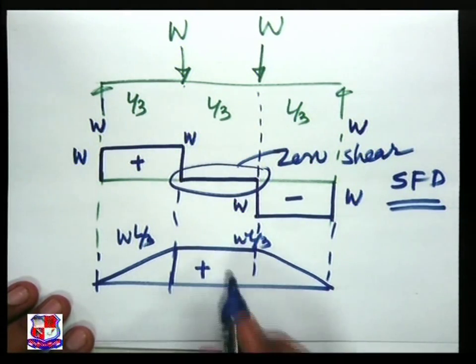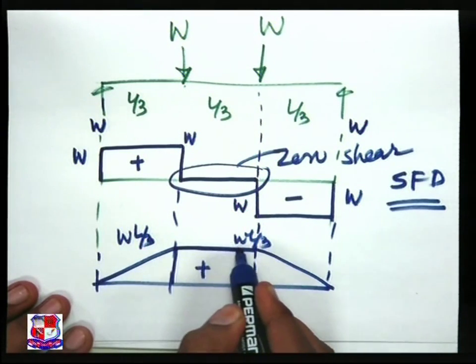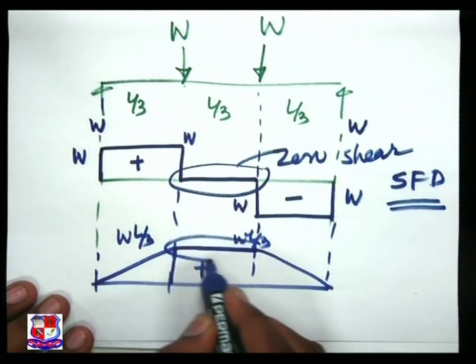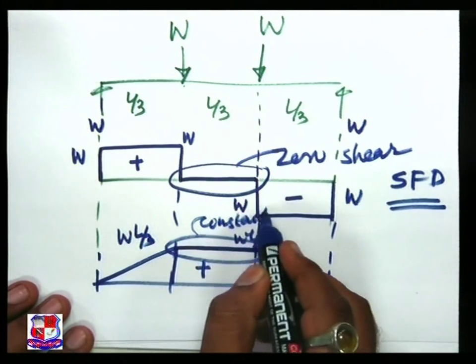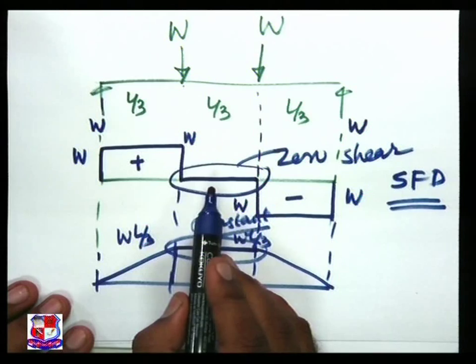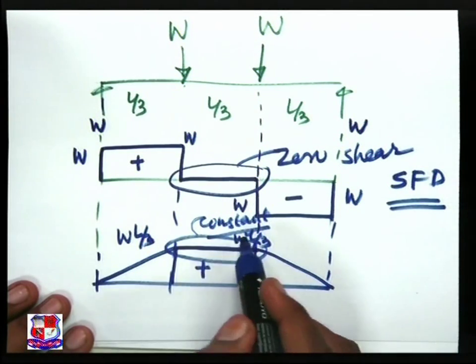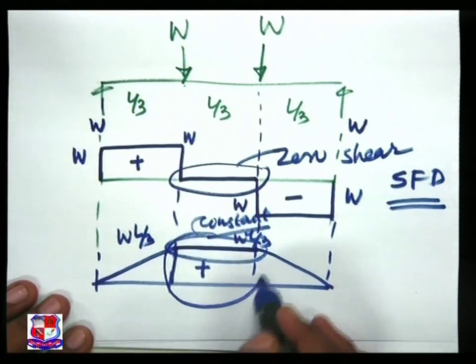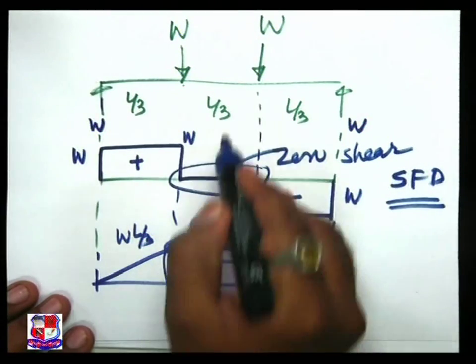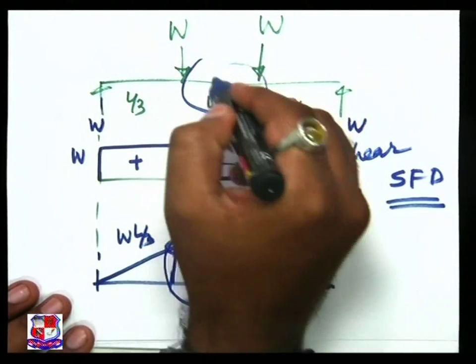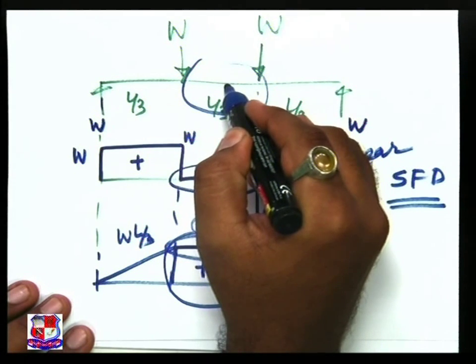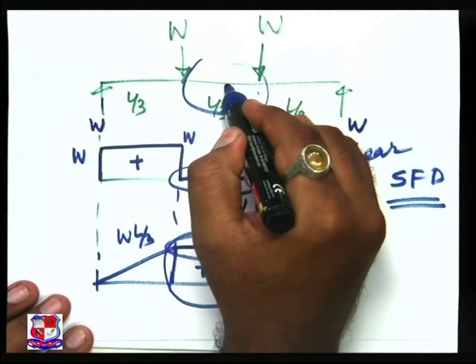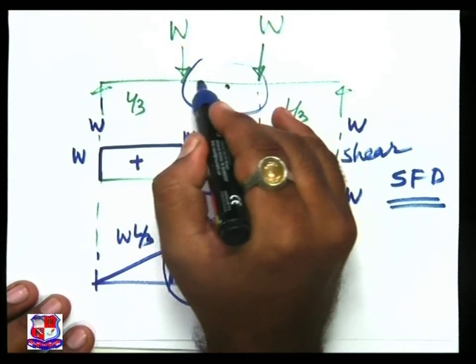So please refer over here. Here the bending moment is constant. Here the shear force is 0. So the stresses developed in this L by 3 region of the beam are known as pure bending stresses. My beam is under pure bending in this region.